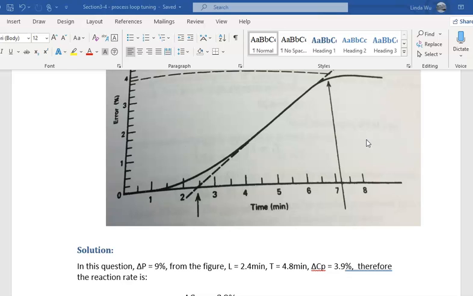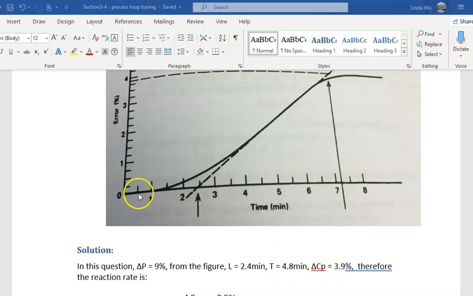So you can see we know delta P is 9%. From this figure, we measure the L from this tangent line. The point here is 2.4, and then we measure this one, just assume this is 7.2. So 7.2 minus 2.4, we get T equal to 4.8.